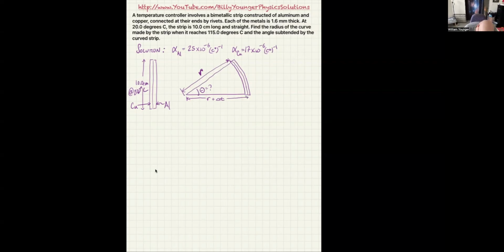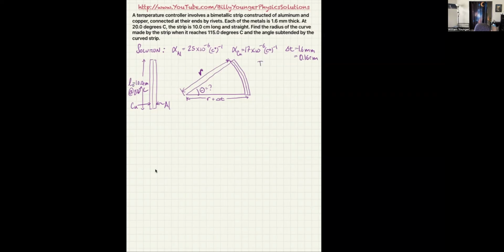And according to the problem, the thickness delta t was 1.6 millimeters, which is also 0.16 centimeters. We did have the L0 equal to 10 centimeters.